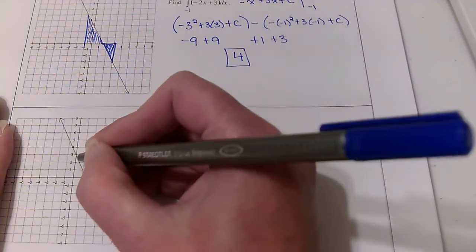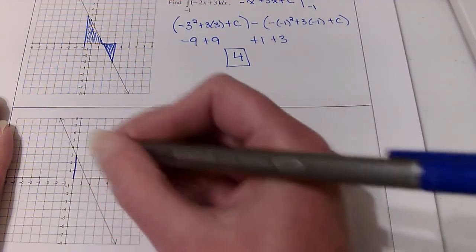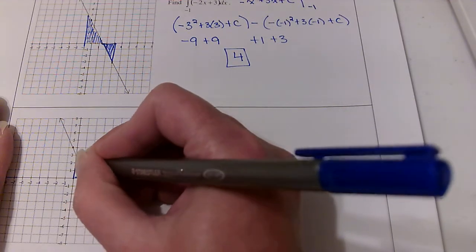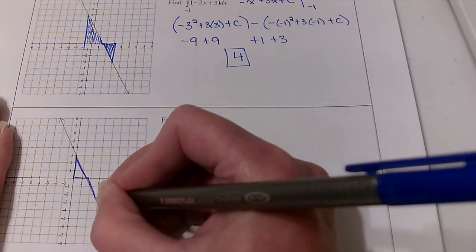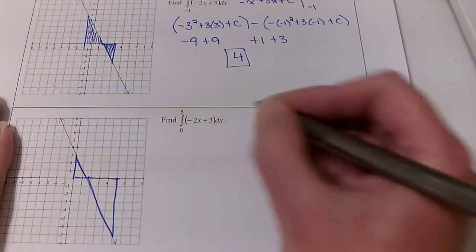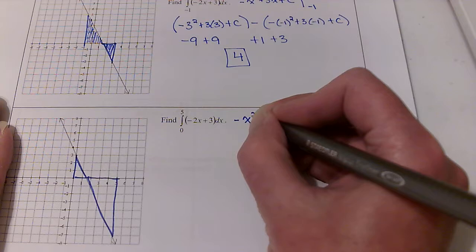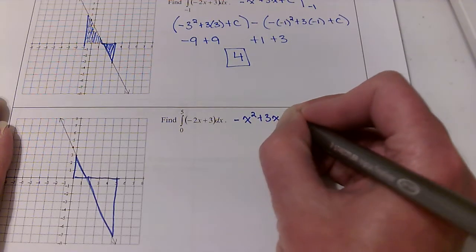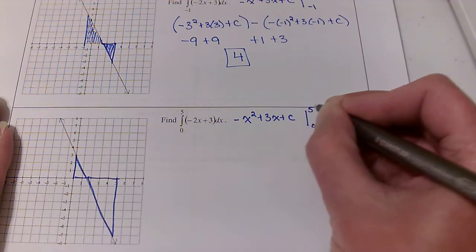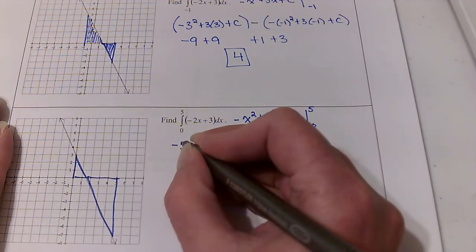0 to 5. Finding the area between here and here. So plugging in 5.